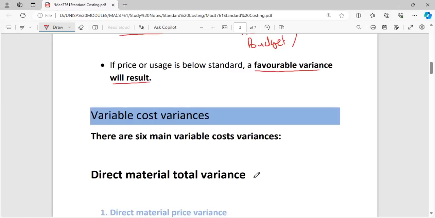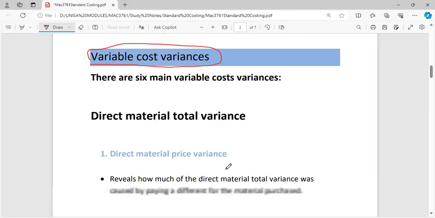So we have 6 cost variances. This is where I want you guys also to look at. We have cost variances and sales variances. So their adverse is vice versa. We should always take note of that. But let's go through them. Cost variances first. So in the cost variance, we have 6 main variable cost variances. We have the direct material total variance.